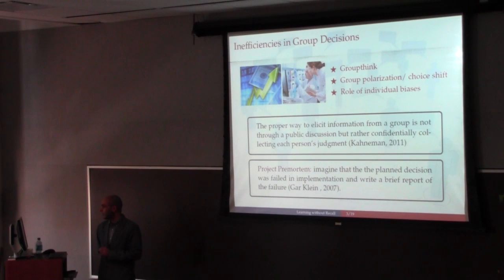This is referred to as group polarization or choice shift toward more extremes. And also people usually come to this interaction with some biases, so people want to know how these biases would affect the group decision process.